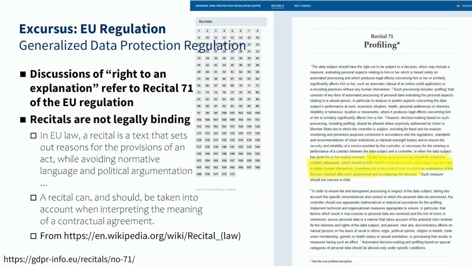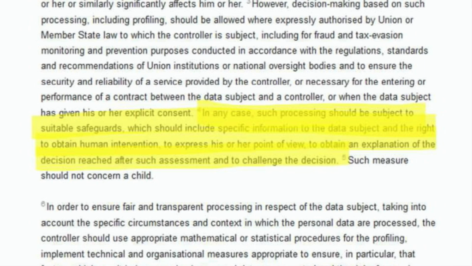So it's questionable whether we as individuals actually do have a right of an explanation or not. That will depend on the national interpretation of the EU guideline, in fact. And this recital 71, where the idea of a right of an explanation is articulated, it's actually buried down in the depth of this framework as an addendum.